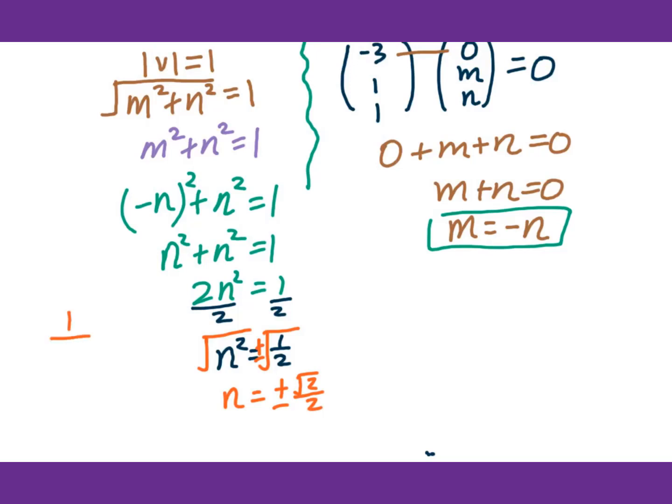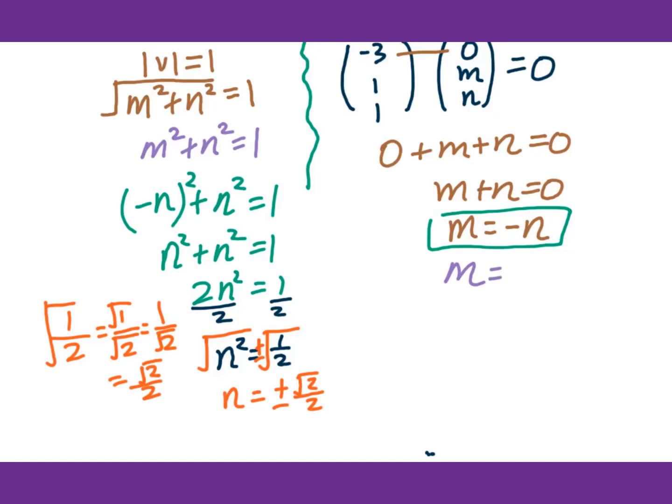Because square root of 1 over 2, I can write as square root of 1 over square root of 2. So you get 1 over square root of 2. That is square root of 2 over 2. So we plug back in.